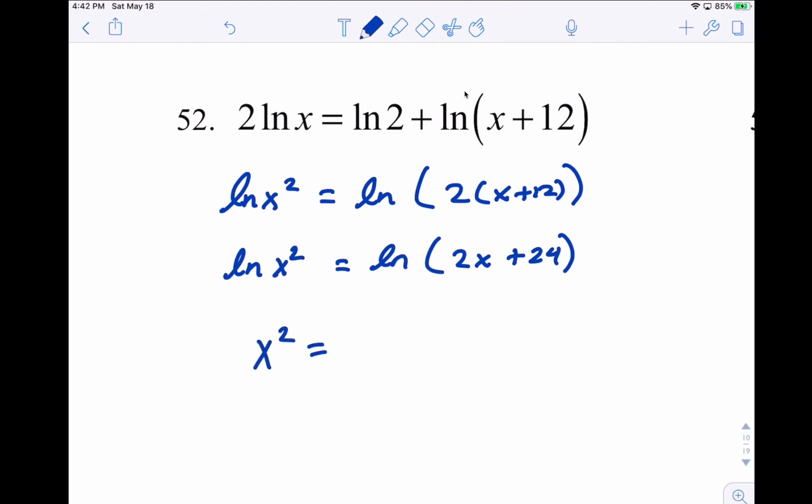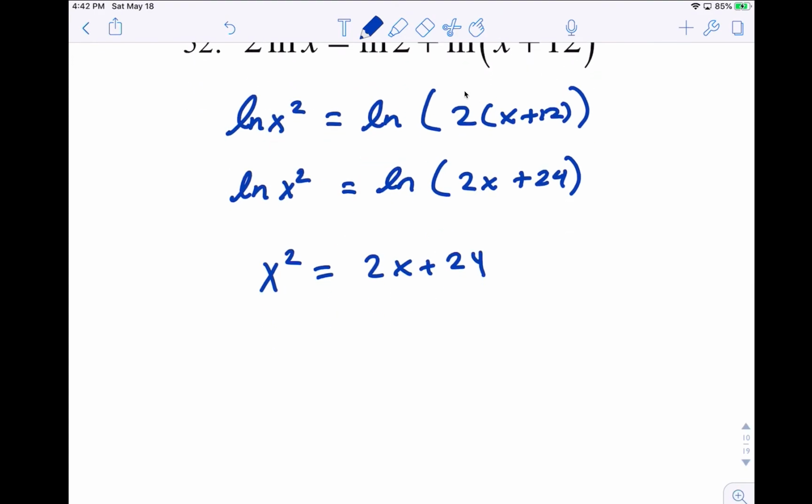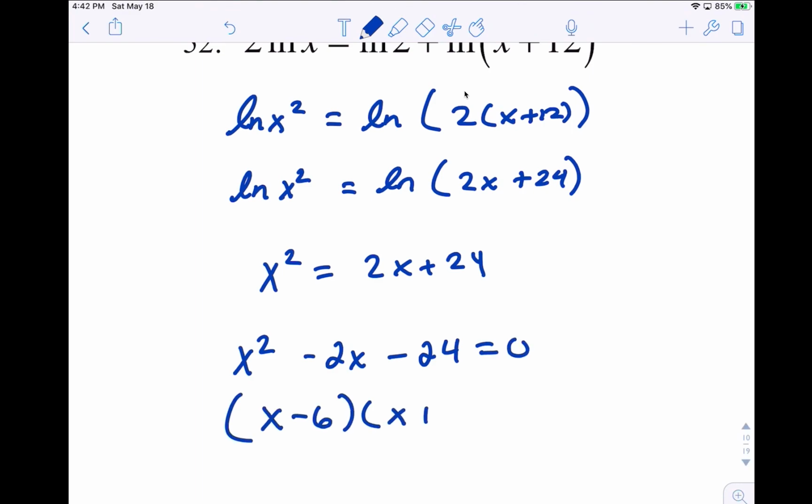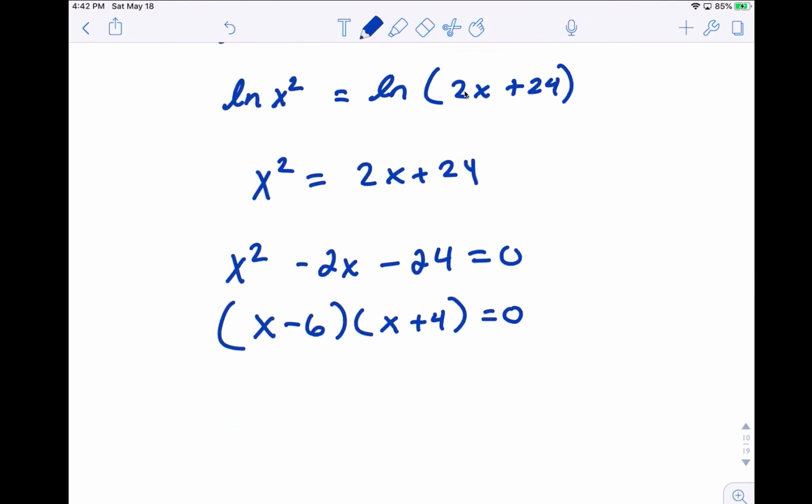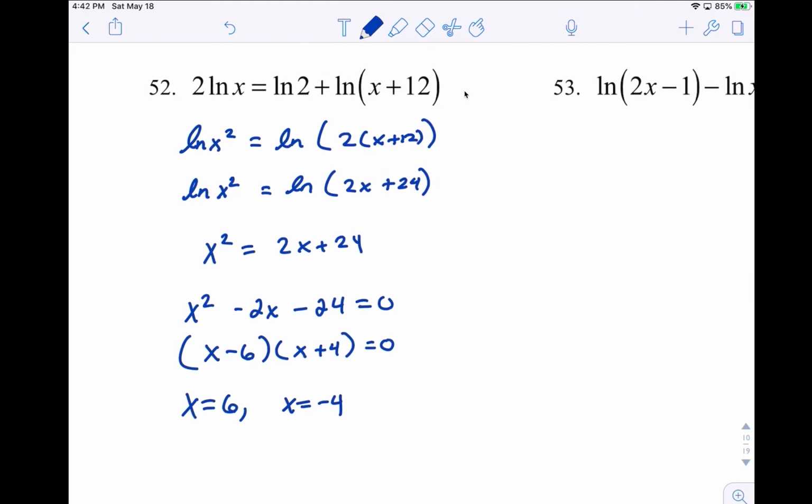So x squared must be 2x plus 24. So then x squared minus 2x minus 24. You factor there, and I get x equals 6, and then x equals negative 4. And then, again, I'm not going to be able to use a negative answer here, so that one's out. So just x equals 6.